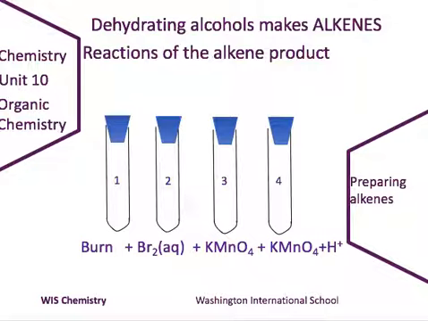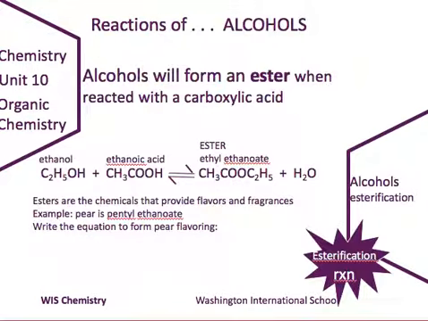Oxidation with potassium manganate(VII) in 3 and 4, but number 4 is acidified. That's the reaction that you're looking at. And then we're going to look at esterification. So you've got an alcohol reacting with a carboxylic acid, giving the ester.